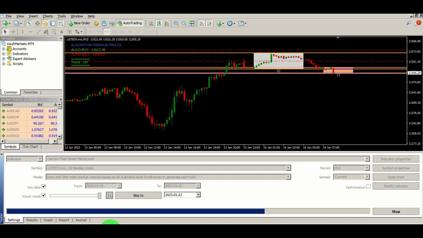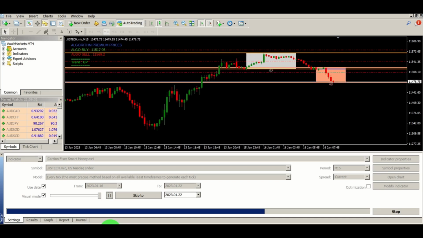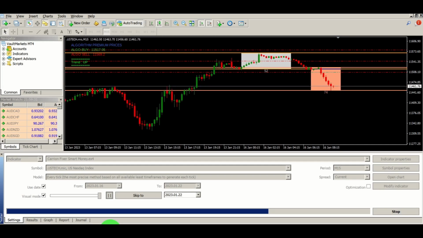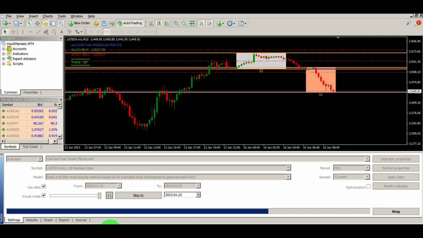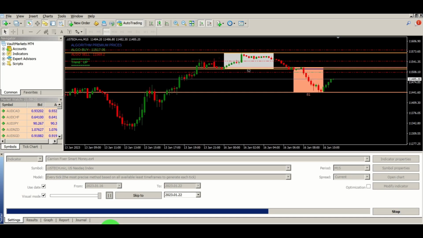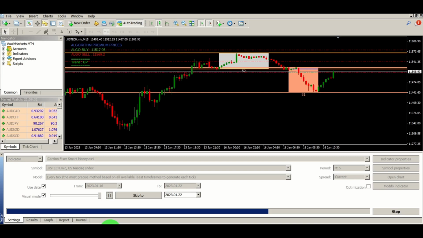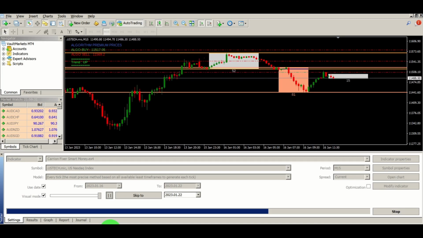Now we are in the London session, highlighted by the pink. As you can see, the market is dropping. Okay, seems like it's retesting.